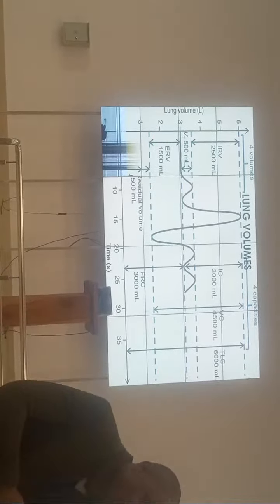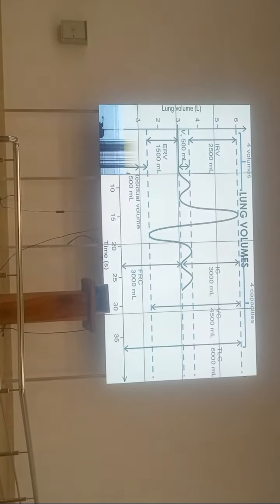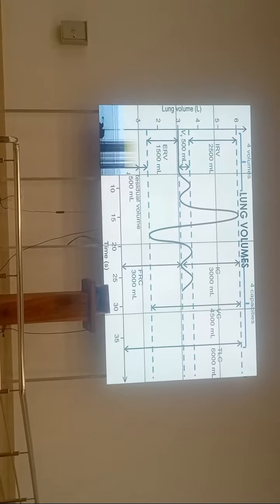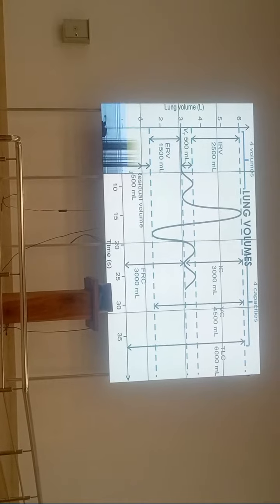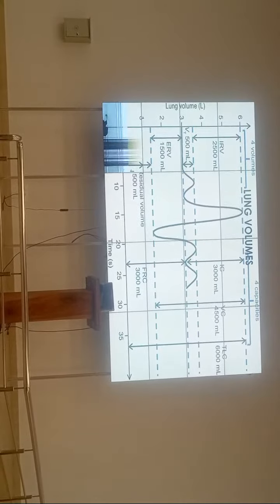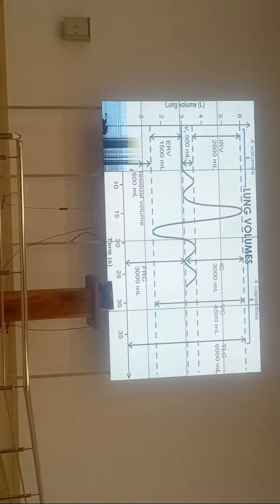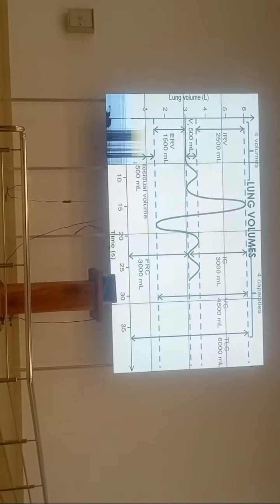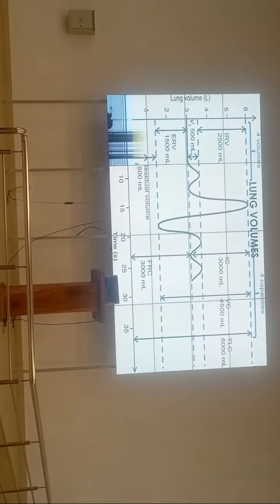Number two, when you take a deep breath in, for example, when you start yawning, the amount of air that you breathe in other than the 500 mils, in other words, in excess of the 500 mils, the extra air that you breathe in when you take a deep breath is called the Inspiratory Reserve Volume, IRV.